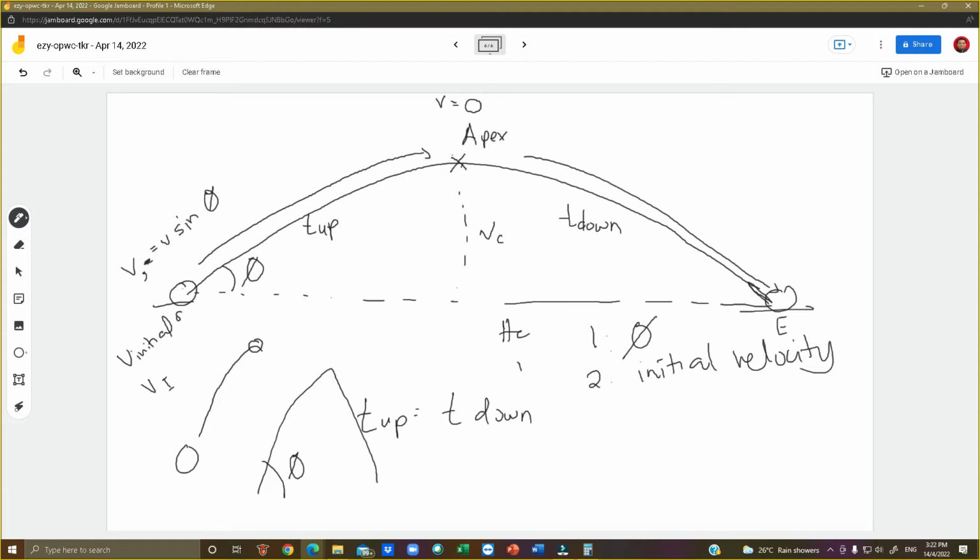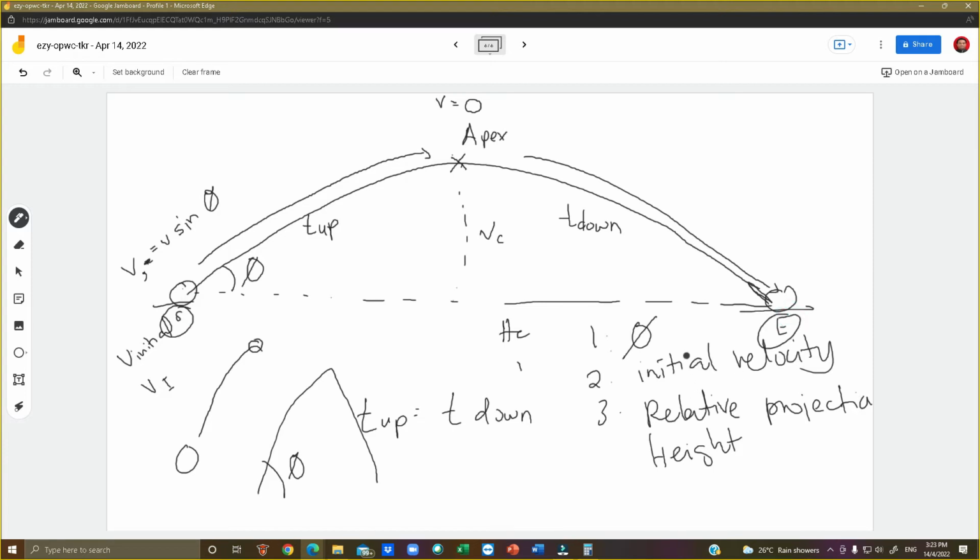And then the third one is known as relative projection height. Relative projection height is the difference between start and end.